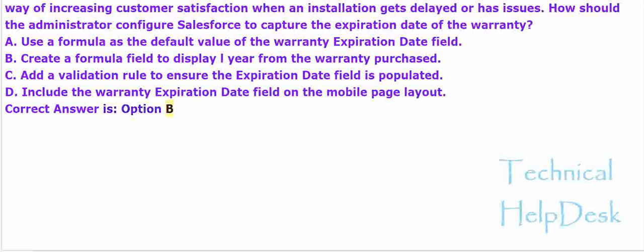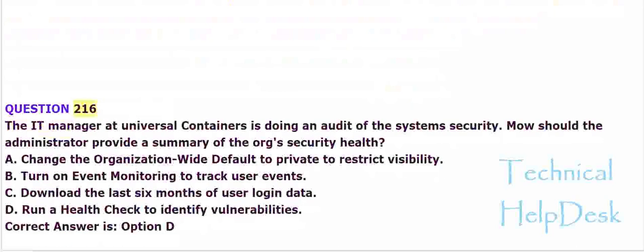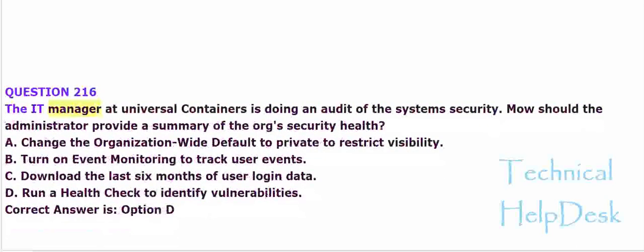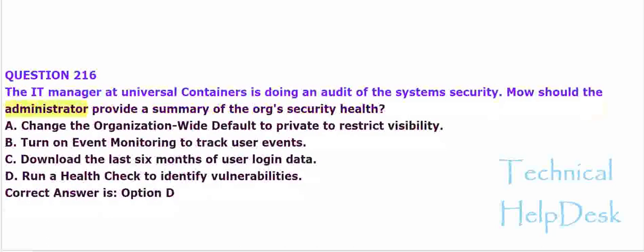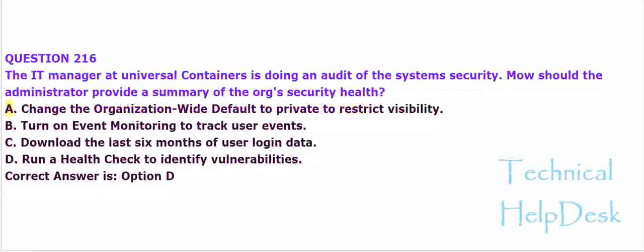Question 216. The IT manager at Universal Containers is doing an audit of the system's security. How should the administrator provide a summary of the org's security health? A. Change the organization-wide default to private to restrict visibility.